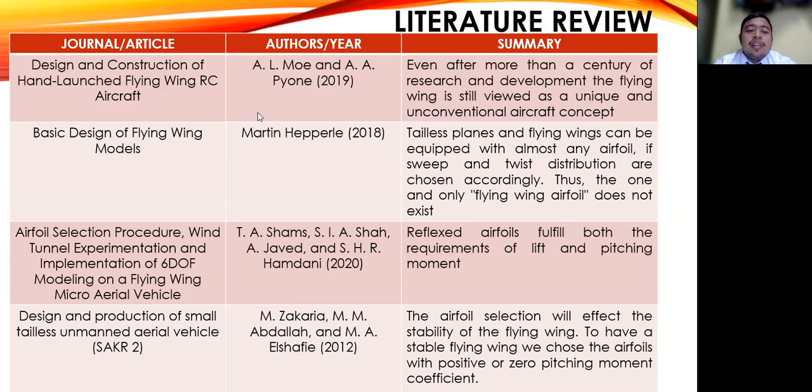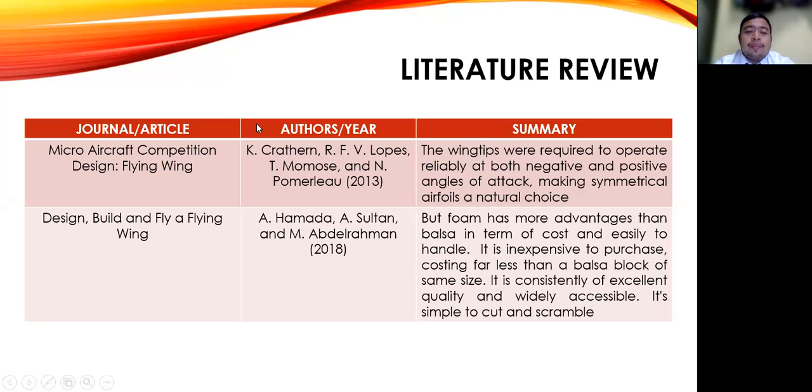Next, micro aircraft competition design flying wing by K. Creighton, R.F.B. Lopez, T. Momos, and N. Pomelo in 2013. The wings were required to operate reliably at both negative and positive angle of attack, making a symmetrical airfoil a natural choice. And lastly, design, build, and fly RC flying wing by A. Hamada, S. Sultan, and M. Abdurrahman in 2018.